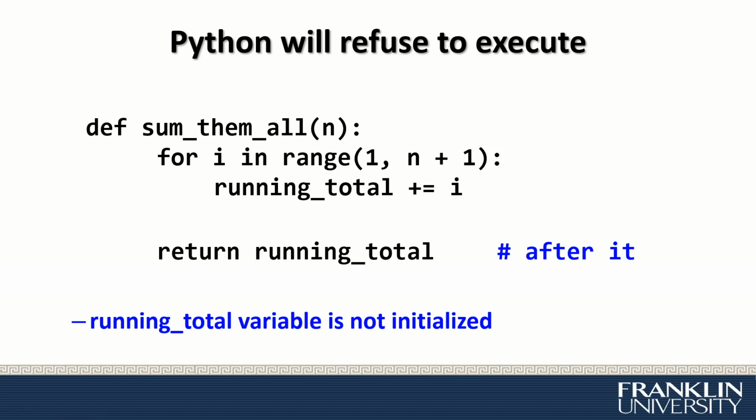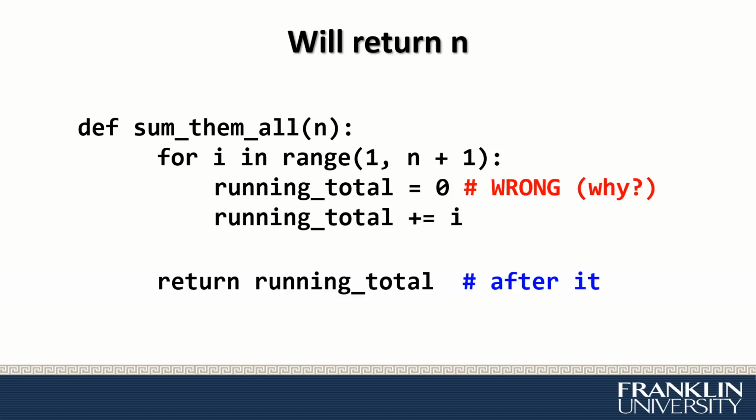What is wrong with this program, or what is wrong with this function? Well, the running total is not initialized, so I cannot add something to running total when running total had not been initialized. So if you place the running total in the wrong place, like inside the loop, this program will only return n at the end.